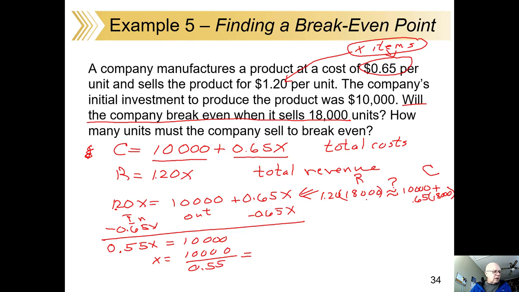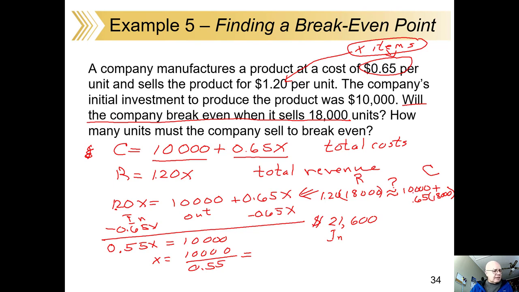If I take that $1.20 times 18,000, that means that if I sell 18,000, I'm going to have $21,600 in the cash register. That's the money coming in.